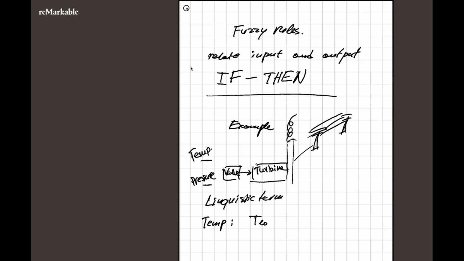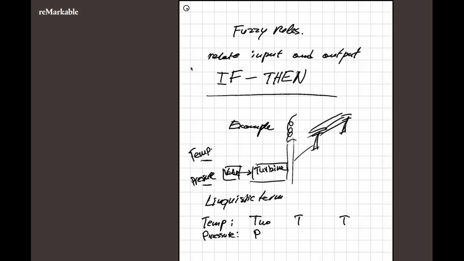So let it be T low, T normal, T hot, or the same for pressure, P... or actually that was, sorry, I mixed up a little bit.